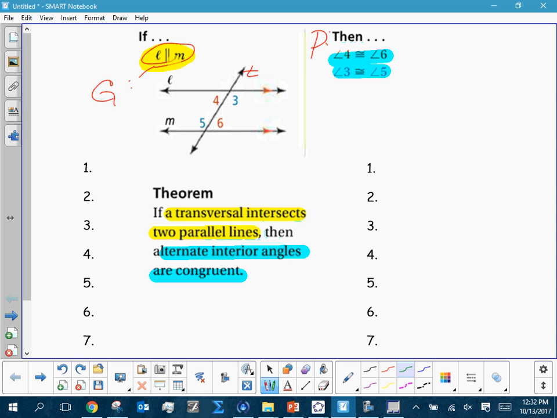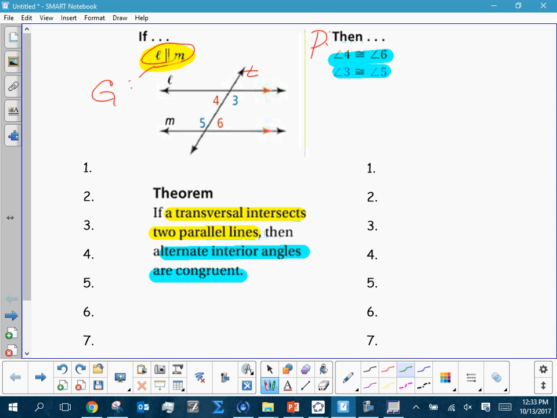Then I need to start identifying alternate interior angles, so I put labels on those four angles that are alternate interior. We know 5 and 3 should be a group of alternate interior, and 4 and 6 should be a group of alternate interior. So that's how I would take the theorem written in English words and convert it into geometric concepts that we can talk about.